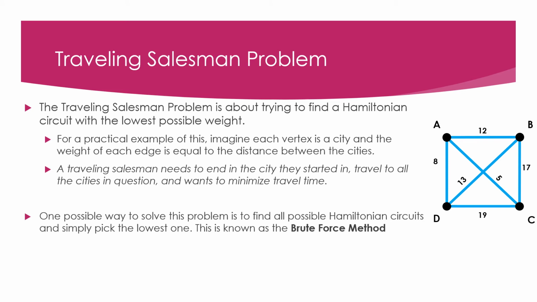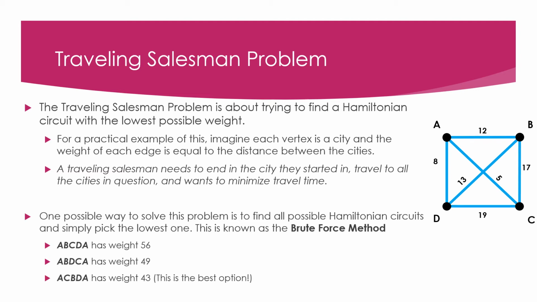And one way to solve this problem, like just flat out solve it, is to just check all of the possible circuits. And this is known as the brute force method. So A, B, C, D, A, that was our outer square that has weight 56. A, B, D, C, A, well that's got weight 49. And A, C, B, D, A, that's got weight 43.